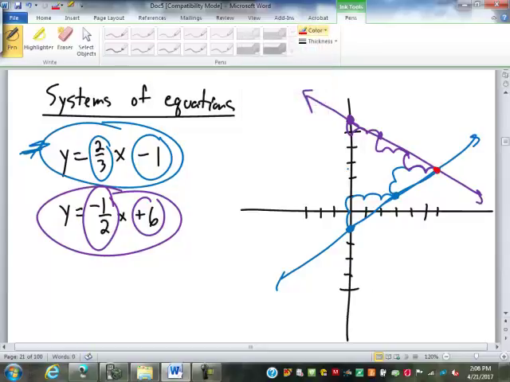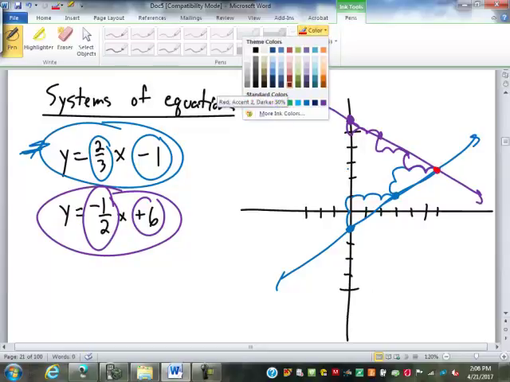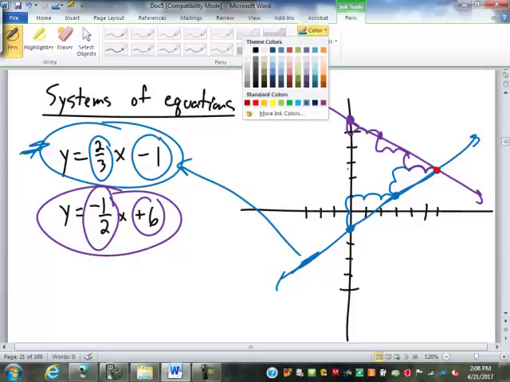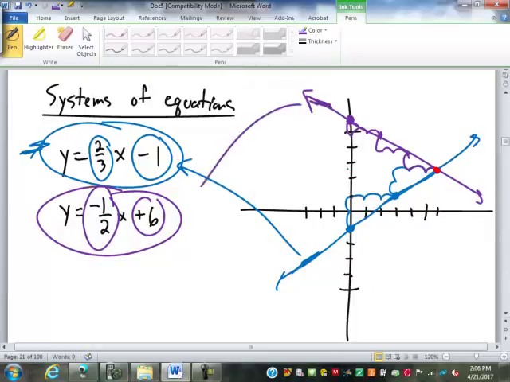Now remember, what we're looking for is the values for x and y that make both equations true. The blue line is all the points that make the top equation true, and the purple line is all the points that make the bottom equation true. So where they cross, that one point, is the spot that makes both of them true.